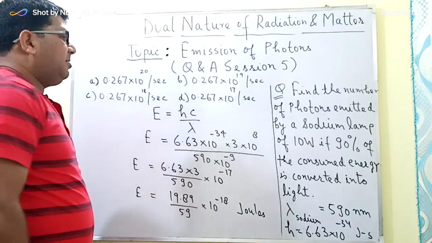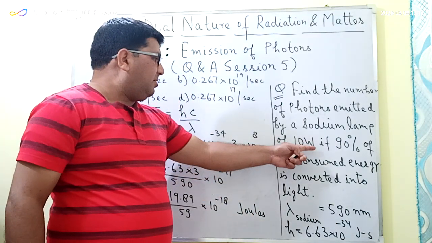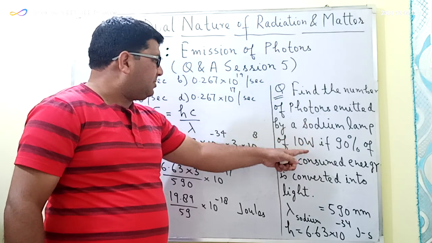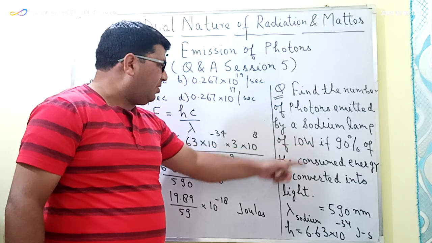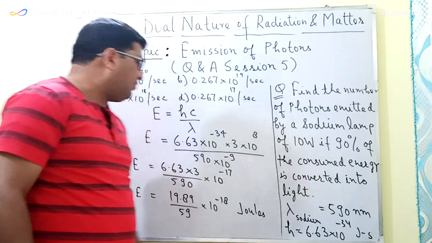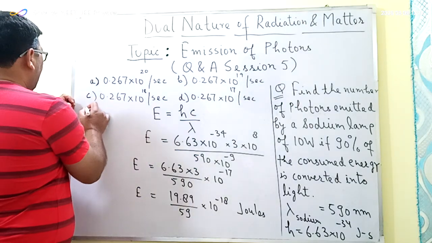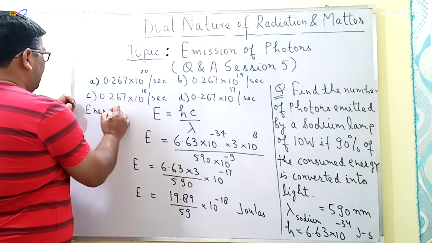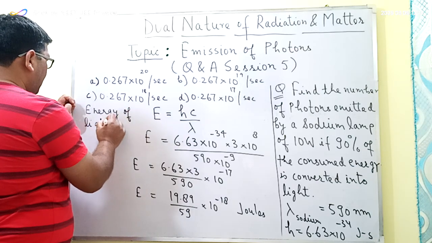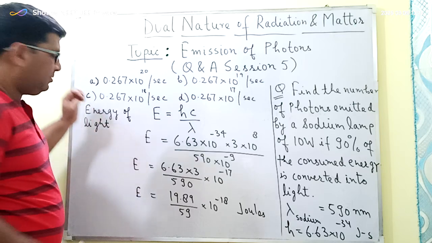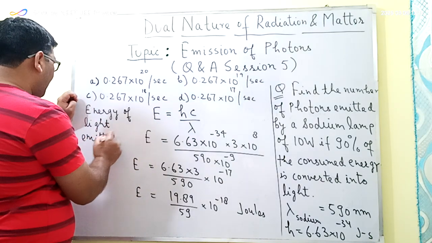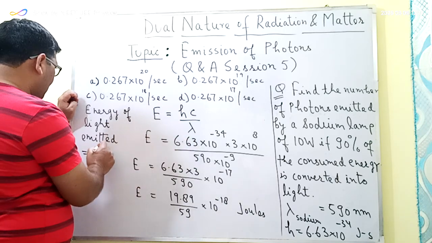Now here the wattage of the sodium lamp is 10 watt, and 90% of the consumed energy is getting converted into light. So the energy of the light emitted will be equal to 90% of 10, which is equal to 9 watt.